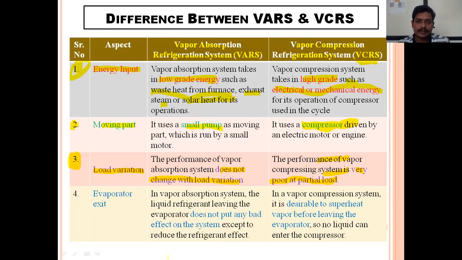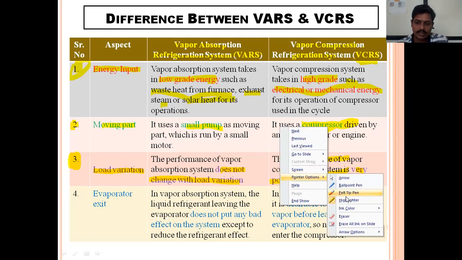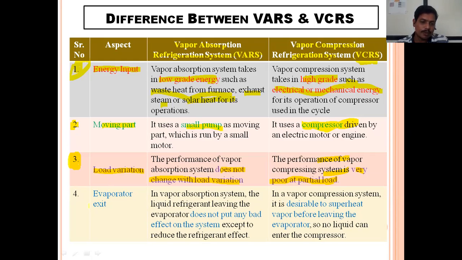Then the next point, based on which we can differentiate vapor compression and vapor absorption refrigeration system, is the evaporator exit. So just now I have told you, here it is always desirable to have the superheated vapor before leaving the evaporator. That means before entering the compressor, we should always ensure that the refrigerant is either superheated or saturated.